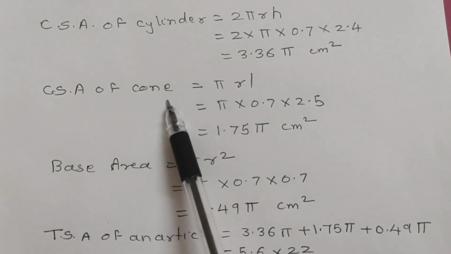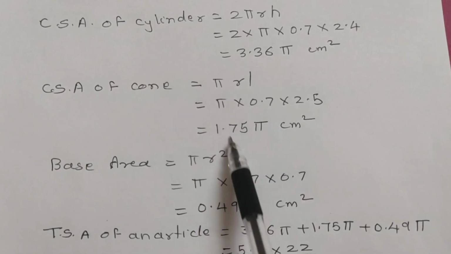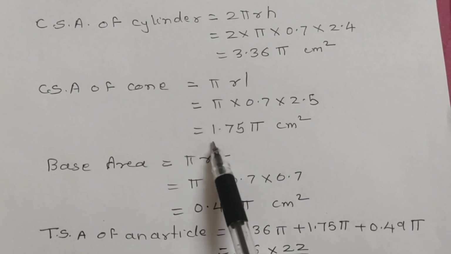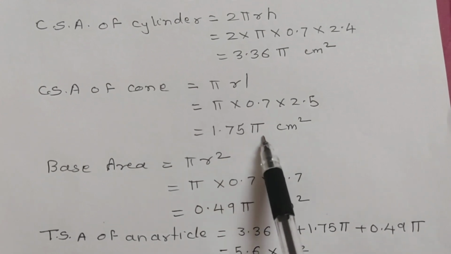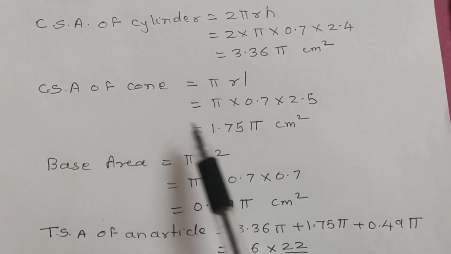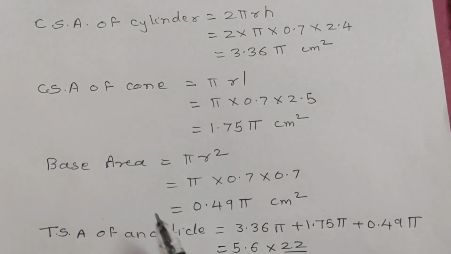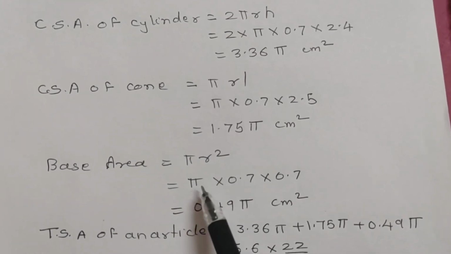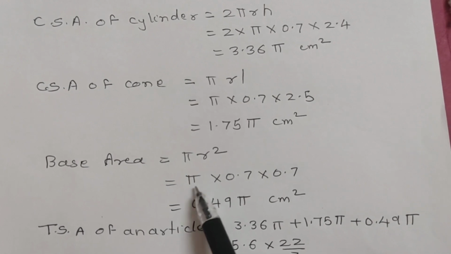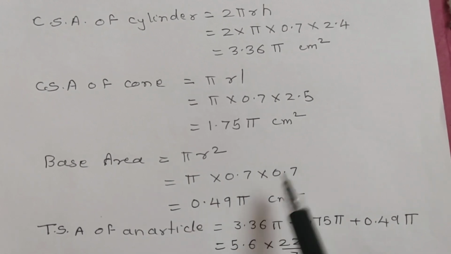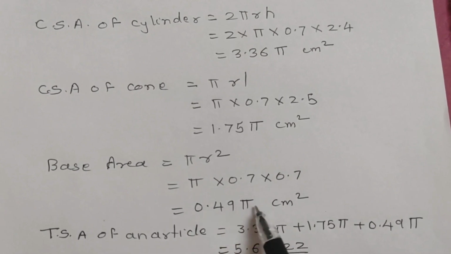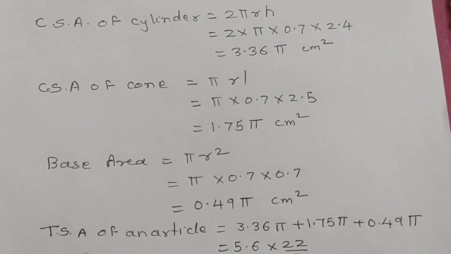Curved surface area of cone is equal to pi rL. It is pi into 0.7 into L is 2.5. So 1.75 pi centimeter square will be the curved surface area of the cone. Base area is equal to pi r square. So that is area of circle. So pi into 0.7 into 0.7 is equal to 0.49 pi centimeter square.